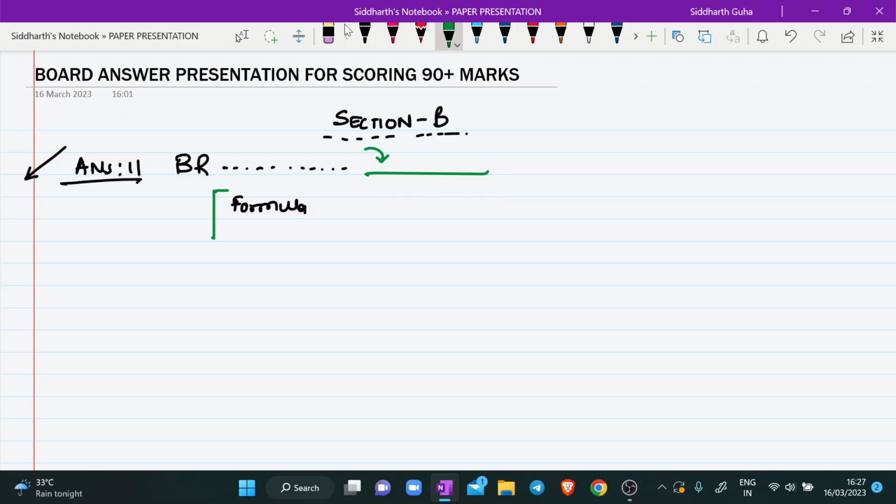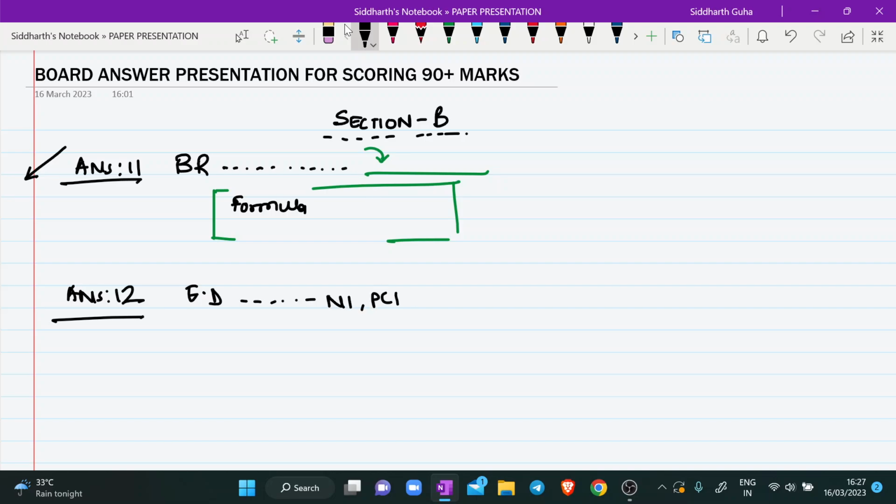If you are writing a formula, then box that formula. Similarly, do that for the next answers. Let's say question number 12, the definition of economic development: economic development is when national income, per capita income, and standard of living, all three things, improve. You can underline these keywords. Underlining the keywords will give you an extra edge.